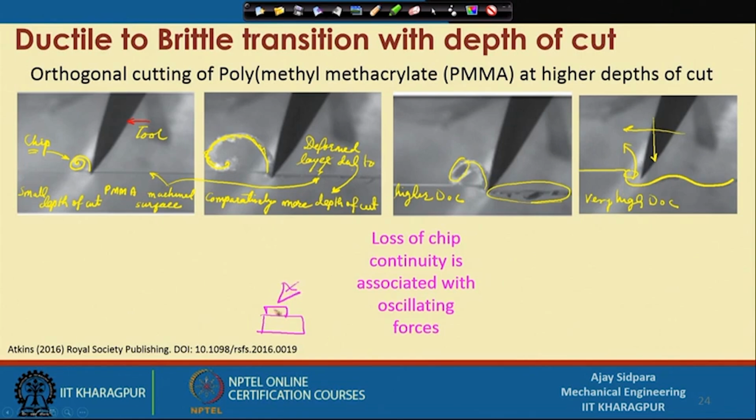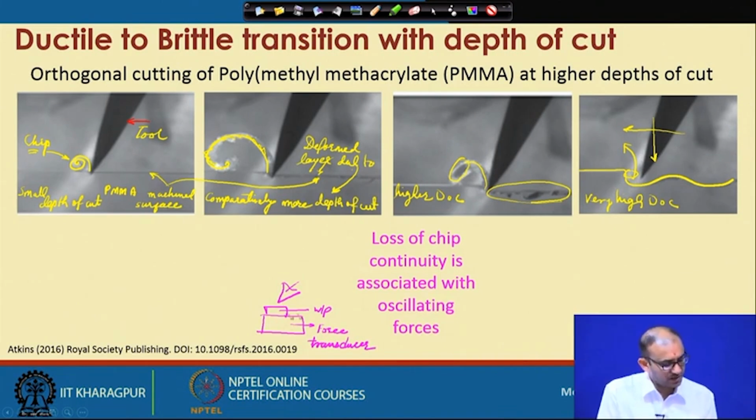This is the tool, this is the workpiece, this is the dynamometer. When it is cutting, it will give you a signal, and we have to observe this signal to get information about the machining zone.